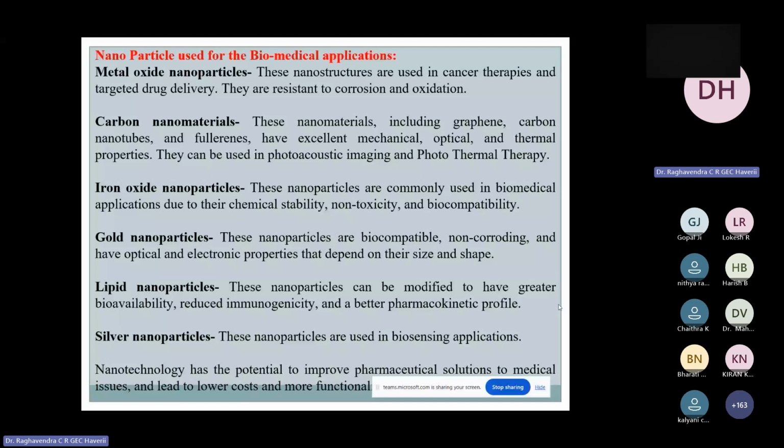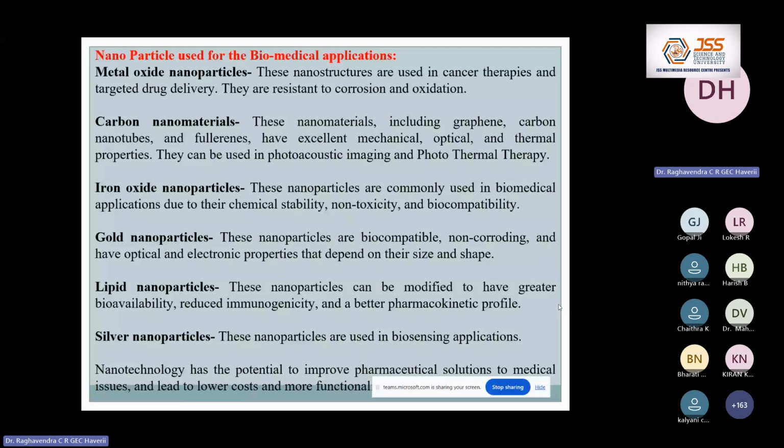Iron oxide nanoparticles like Fe3O4. These nanoparticles have been commonly used in biomedical applications due to their chemical stability, non-toxicity, and biocompatibility. Gold and silver nanoparticles: in particular, silver has better applications for biosensing. It has been used even in dental applications also.